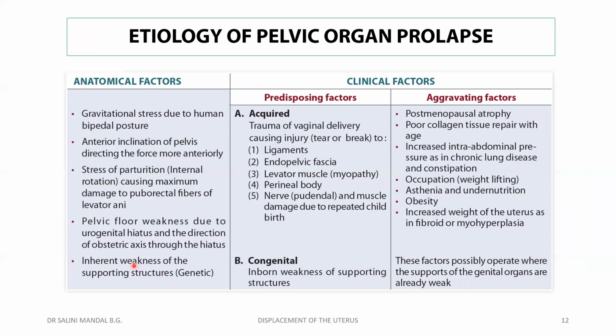Injury can be caused by premature bearing down efforts prior to full dilatation of the cervix. Overstretching and breaks in the endopelvic fascial sheath, then loss of levator function, neuromuscular damage of levator ani during childbirth: all this can be acquired factors leading to pelvic organ prolapse.